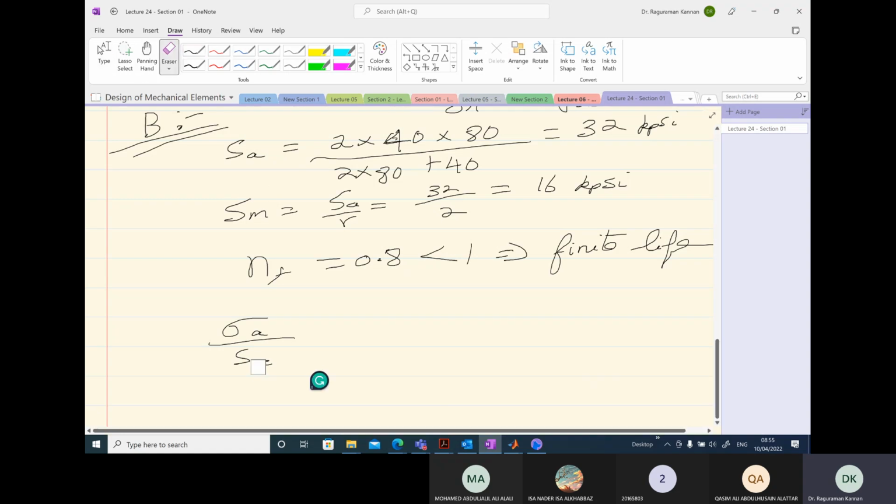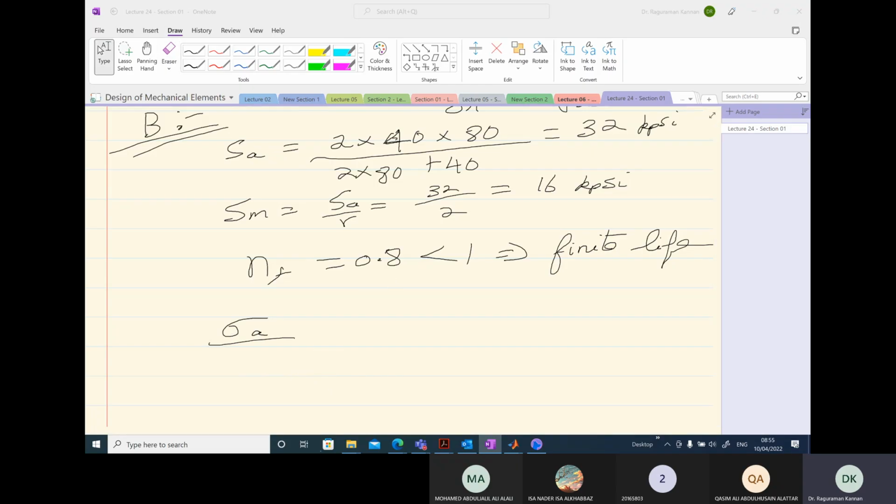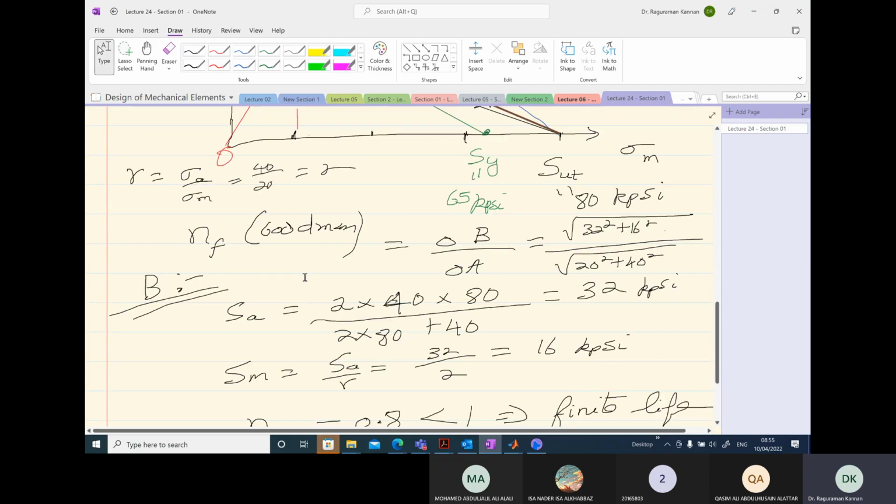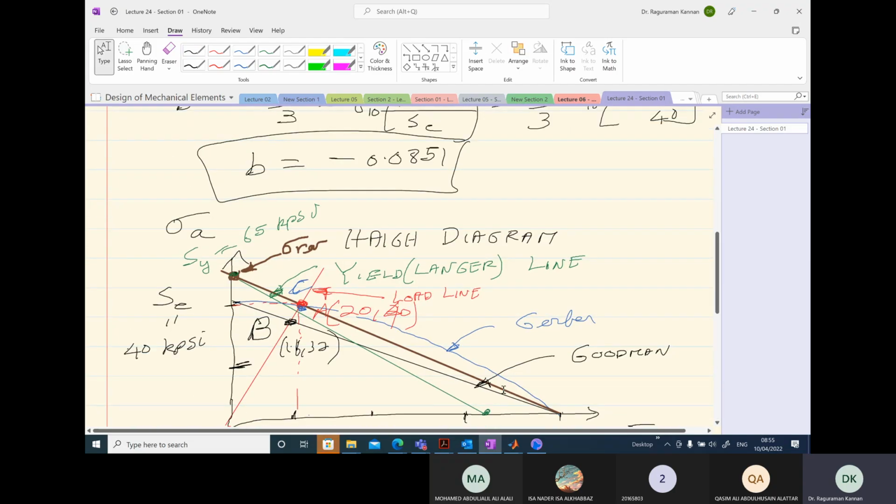Instead of writing Se, I'm going to replace it by sigma reversible. Why do I do this? Because essentially I want to get the equation of this brown line.